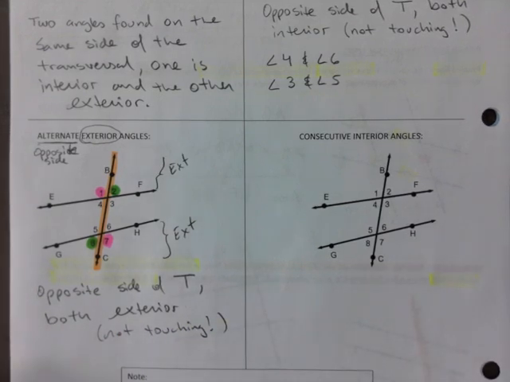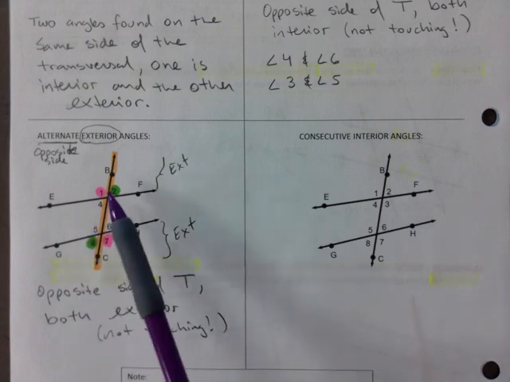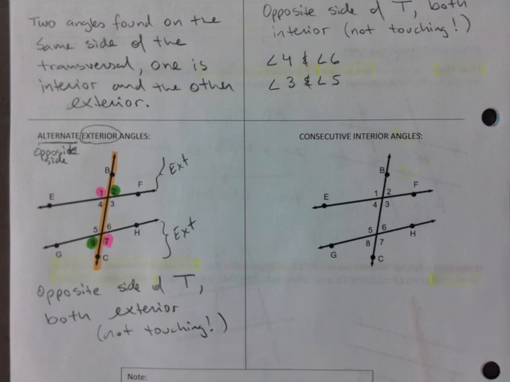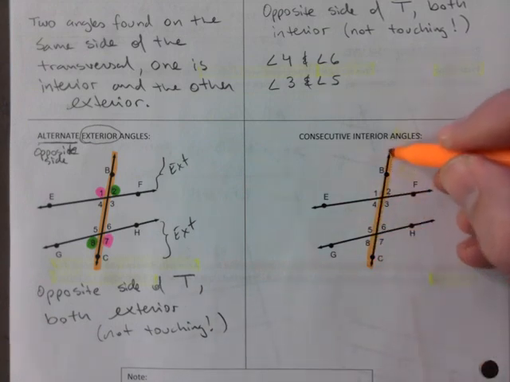Because some students, I've had students say, hey, 1 and 2 are alternate exterior. It's like, no, they're not. They're touching. They should not be touching. Okay. You've got to travel across the interior on the other side. Okay, let's keep going. The last one, consecutive interior angles.